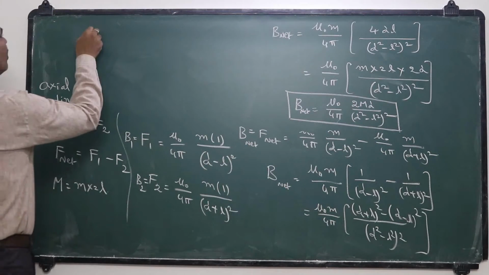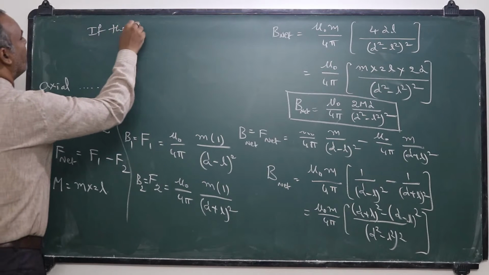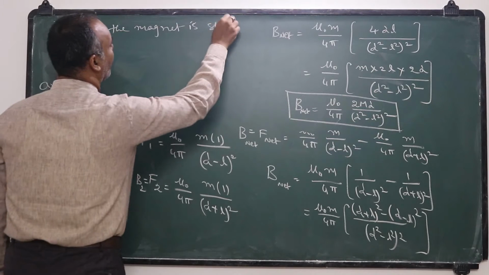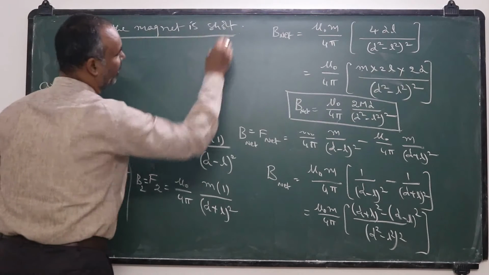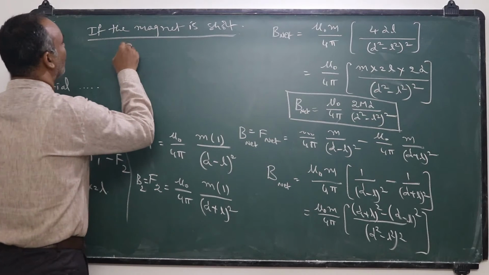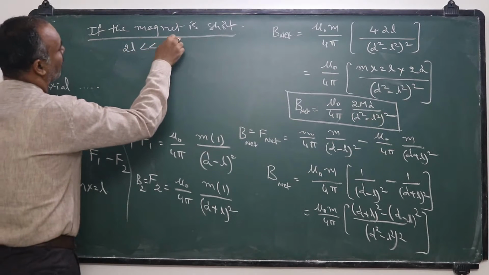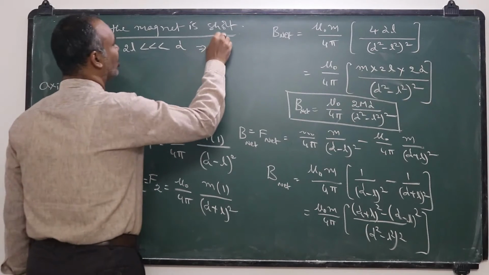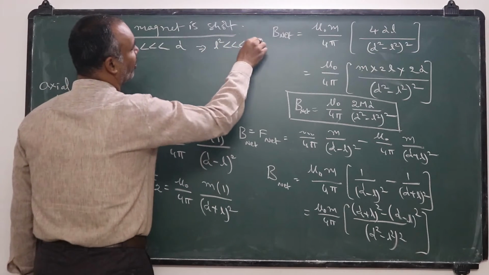Here, if the magnet is a short bar magnet, in that case the length of the magnet 2L is very, very small when compared to the separation. So you can neglect L square when compared to d square.